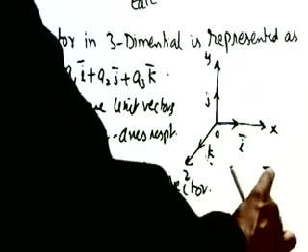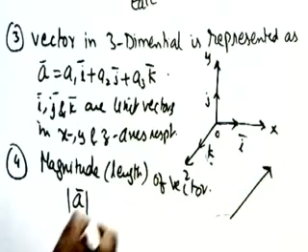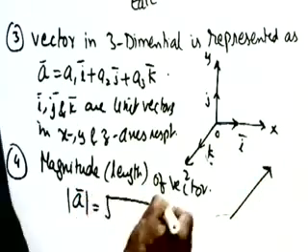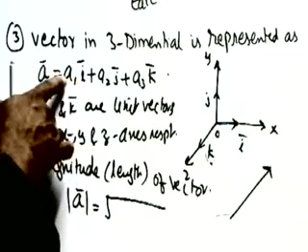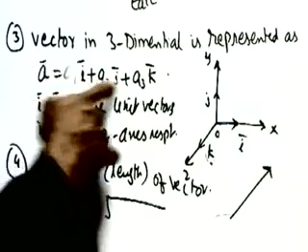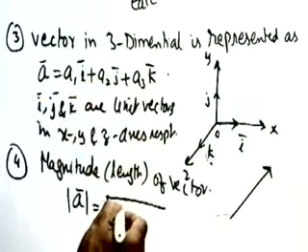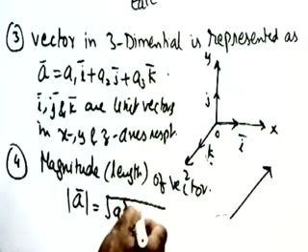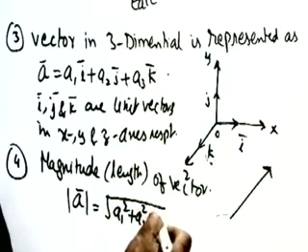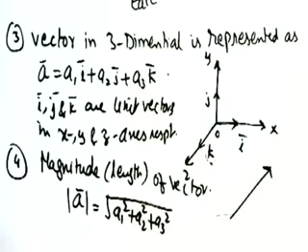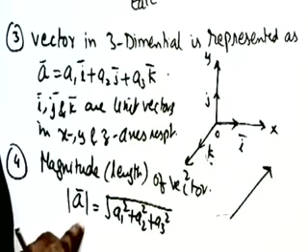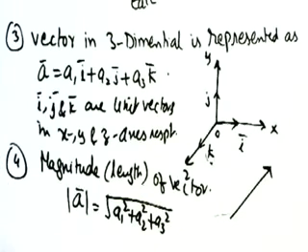Suppose this is a vector, and we want to find its magnitude. The magnitude of the vector is given by the square root of the coefficient of i squared plus the coefficient of j squared plus the coefficient of k squared, like this: a1 squared plus a2 squared plus a3 squared. So the magnitude of a vector, mod A, equals the square root of a1 squared plus a2 squared plus a3 squared.